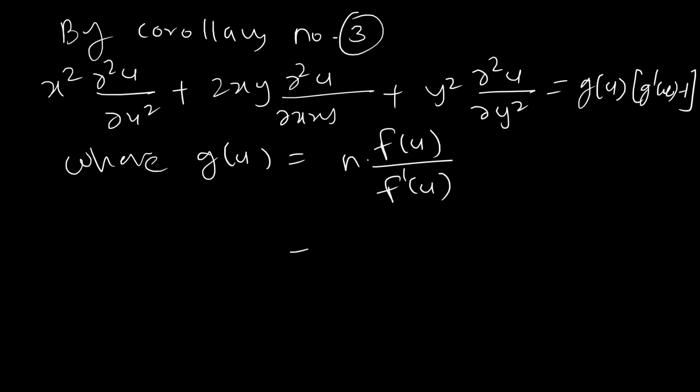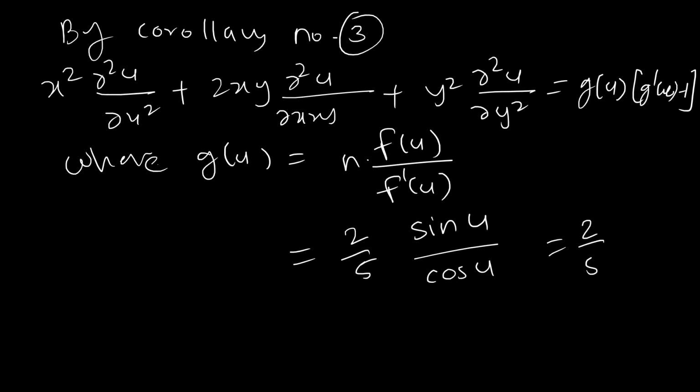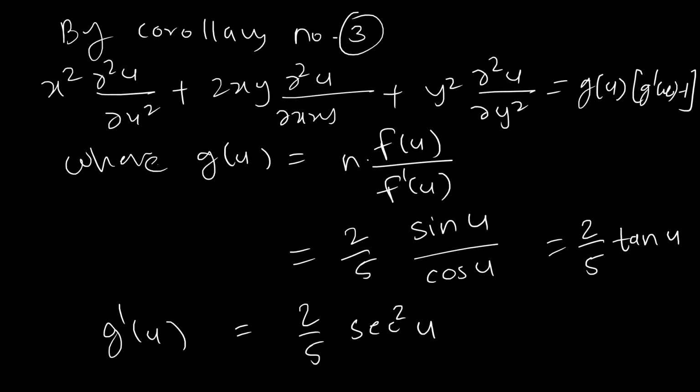So in our case, n is 2 by 5, f of u is sine u, and f dash of u, that is the derivative of sine u, is cos u. So we got it as 2 by 5 tan u. And what will be g dash of u? That will be 2 by 5 times the derivative of tan u, that is sec square u.